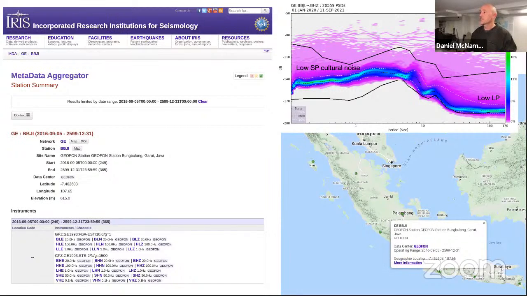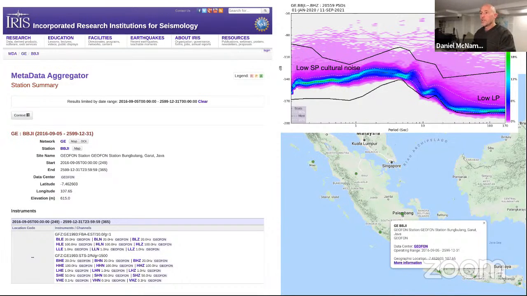You can see on the left side of that PDF plot, the noise levels are quite low. Compared to the previous two examples where the median noise levels were at the high noise model and above, this one's quite a bit lower. It's actually closer to the low noise model at the shortest periods. So this looks like a really good station.